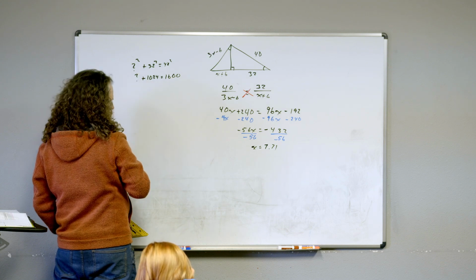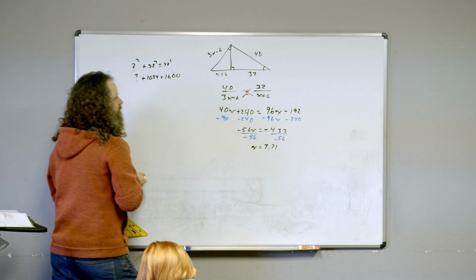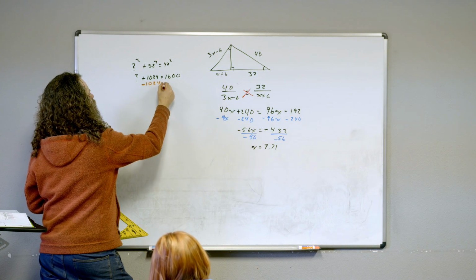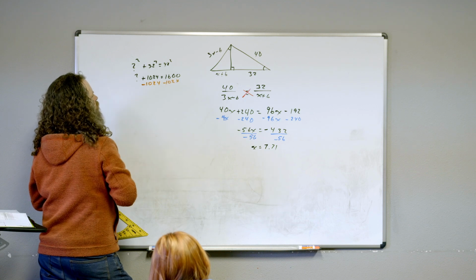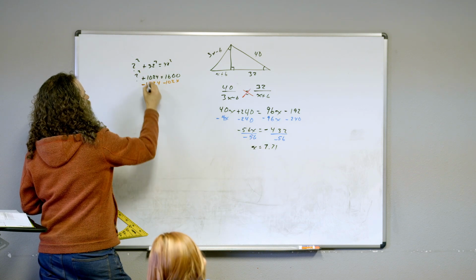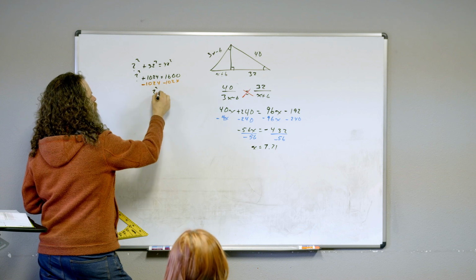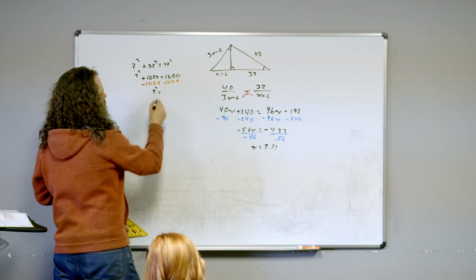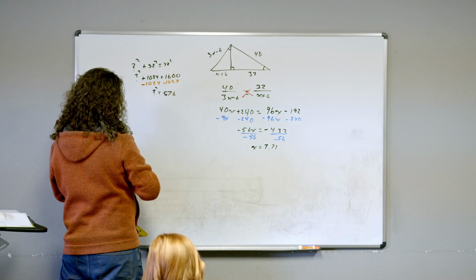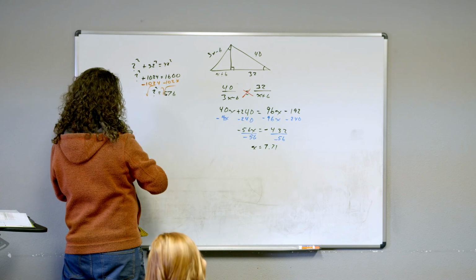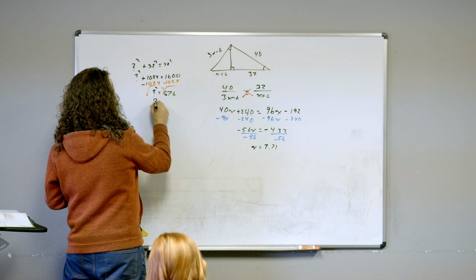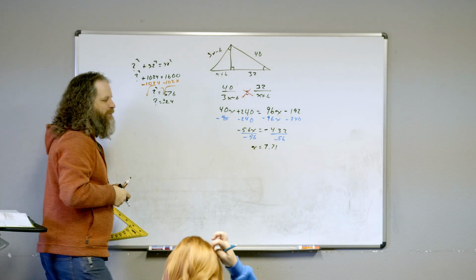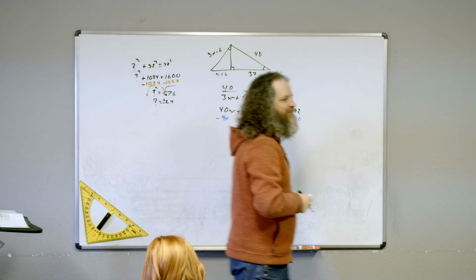Then subtract, right? 576. Square root is plus or minus 24, but we take the absolute value because it's distance. It has to be positive.